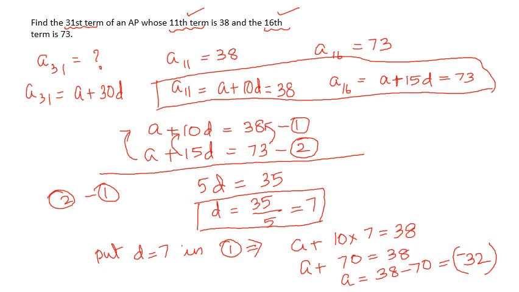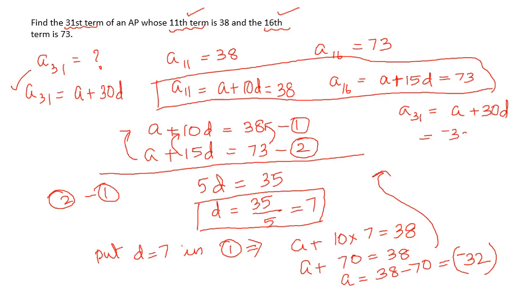Now you have to find out this term, A31. Now what do you have? You'll put all these things back here. You have to find the 31st term. 31st term is equal to A plus 30D. That is equal to, what is the first term here?